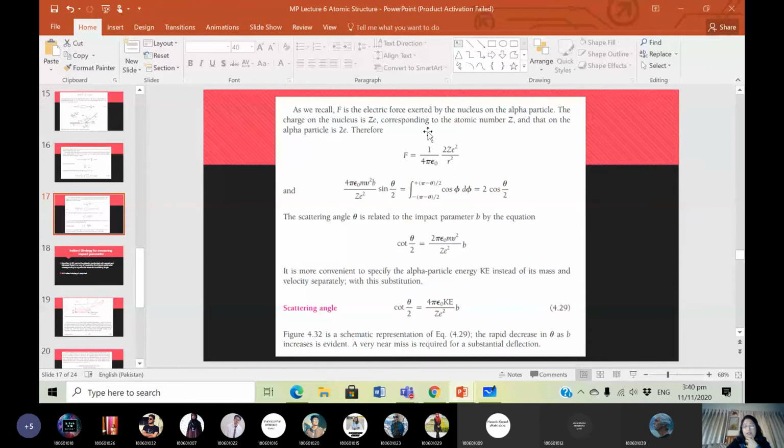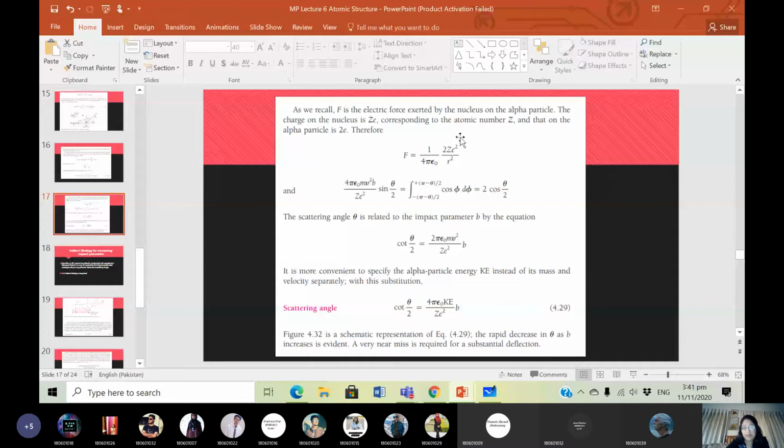So our electric force will be given by this equation. Why did we use 2 here? Because the alpha particle has 2 protons. So we used Ze for the nucleus and 2e for the helium nucleus, the alpha particle, which has a charge of 2e, right?